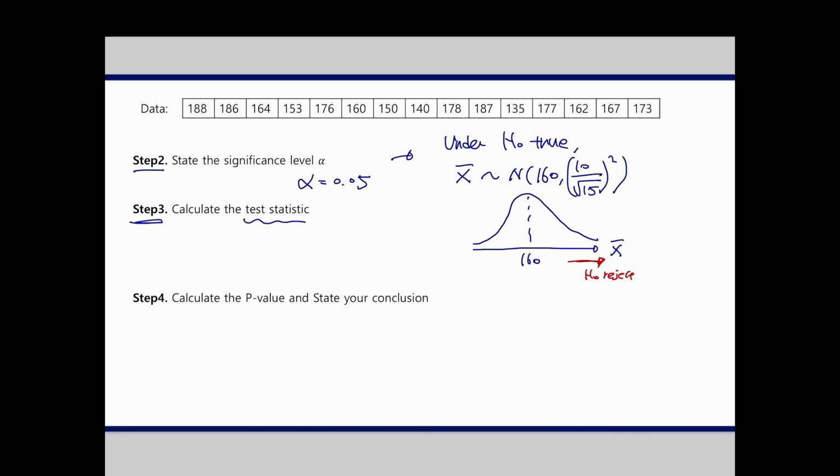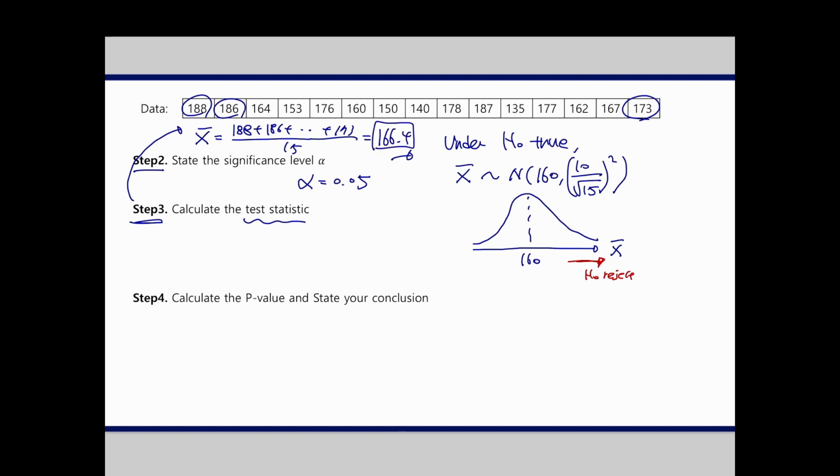Okay, they're given the 15 samples, so we can calculate the sample mean. X bar is the sum of the observations divided by 15, so we can get the sample mean is 160.4.